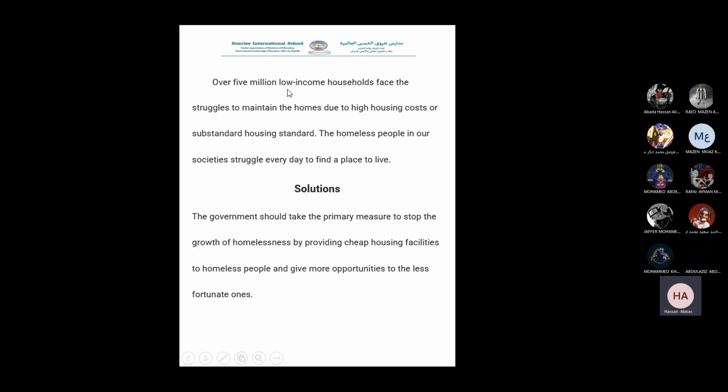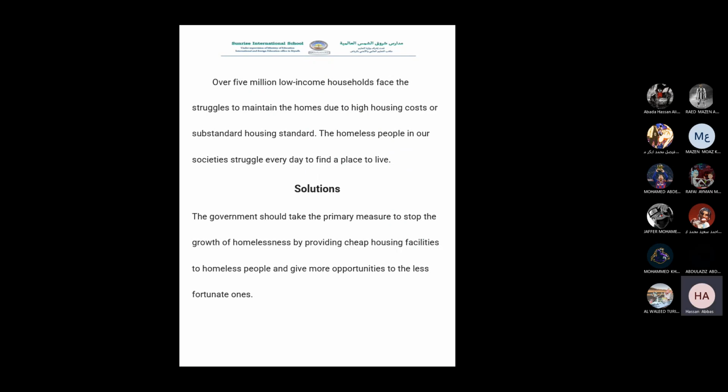Over 5 million low-income households face the struggle to maintain their homes due to high housing costs or substandard housing. The homeless people in our societies struggle every day to find a place to live.